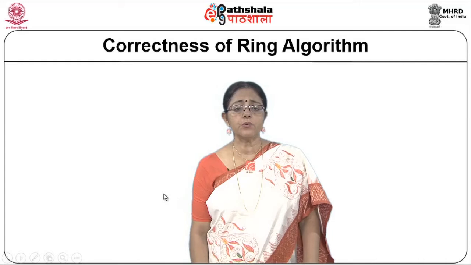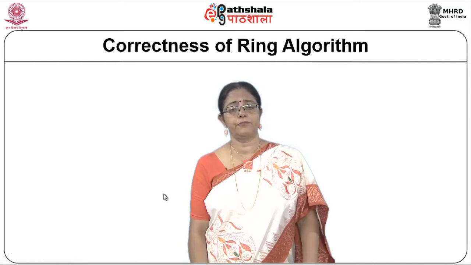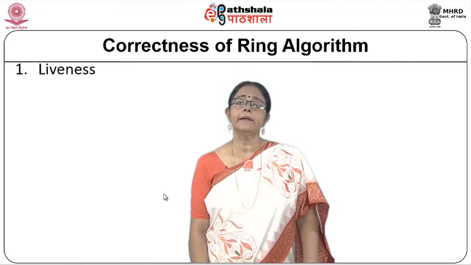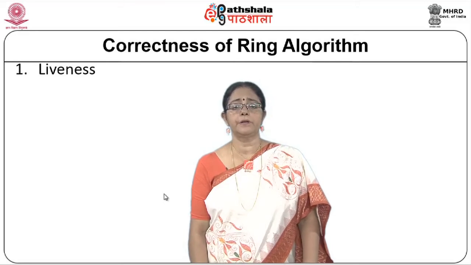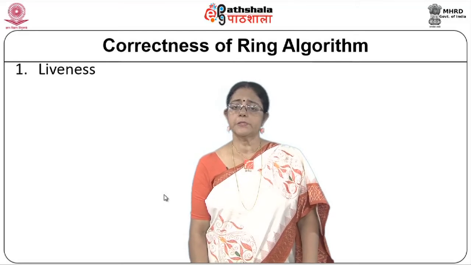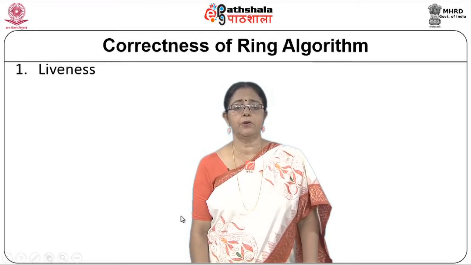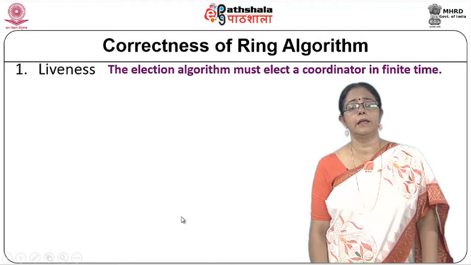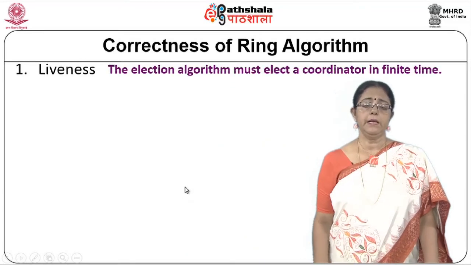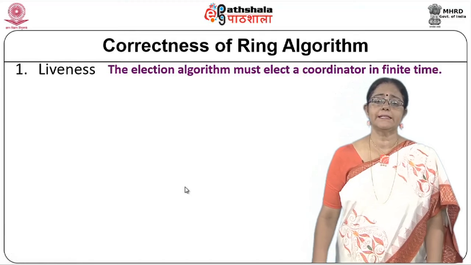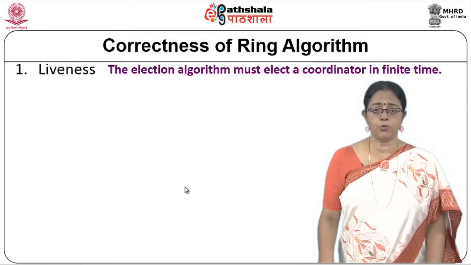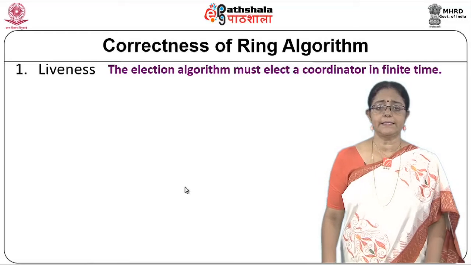Now, let us look at the correctness of this algorithm. As we know, correctness of a distributed algorithm, specifically election algorithms, has two parts. One is called the liveness of the algorithm. The liveness says that the election algorithm must elect a coordinator in finite time.